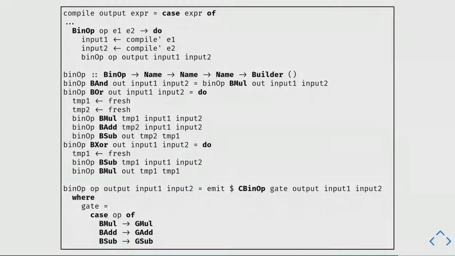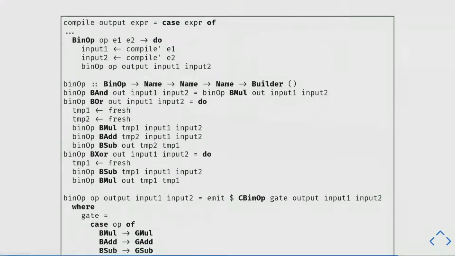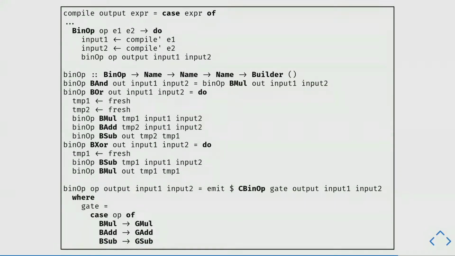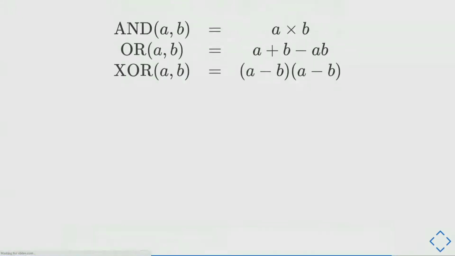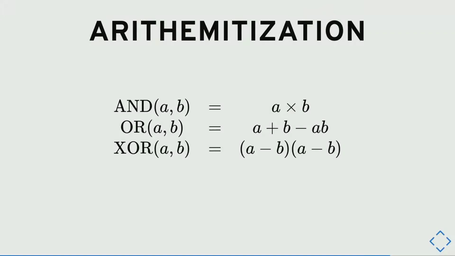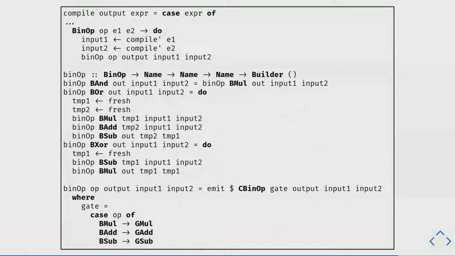And then if it's OR, it introduces 2 new intermediate variables, and then does a multiplication of the inputs and assigns that to one of the intermediate variables, and then does an addition of the inputs and assigns that to another temporary variable, and then does a subtraction of the 2 things it just computed, just like we did there. And then XOR is implemented in the same way, so we subtract the 2 inputs and then we multiply the result. And then for the inputs that we had before, we just do the same old thing.